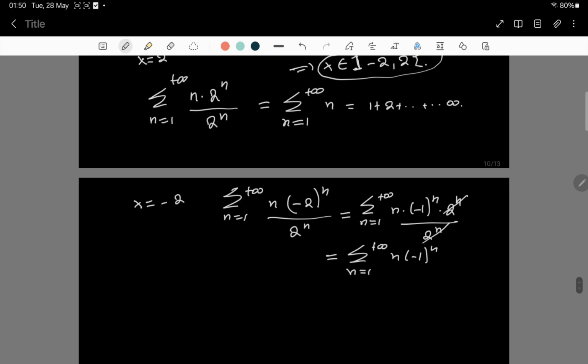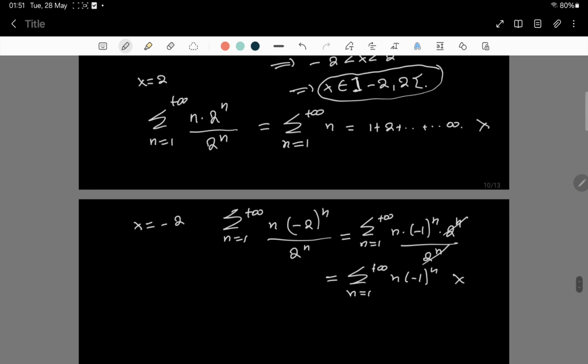Again, I have this alternating term, minus 1 to the power of n. If n is an even number, this term becomes positive, and if n is an odd number, a negative number raised to an odd power is negative. So here again, this does not suit me.